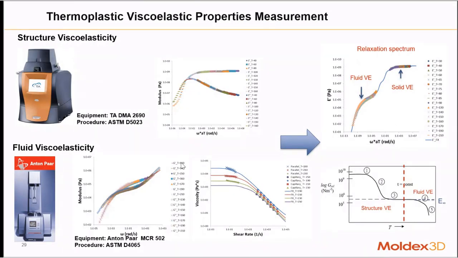Okay, last one is about viscoelasticity. Now in our laboratory, we can measure the viscoelasticity in the solid state, also in the fluid state, and we need different machines and superimpose the measurement data together to get the master curve.